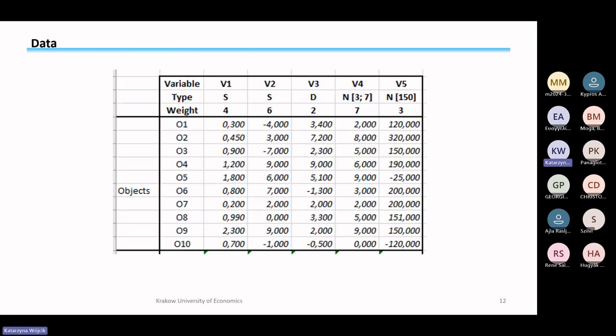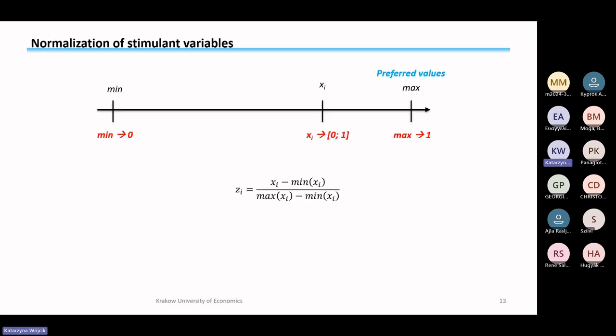All of these variables are represented on different numerical scales. So if we want to be able to compare their influence on the final result, we have to perform normalization.